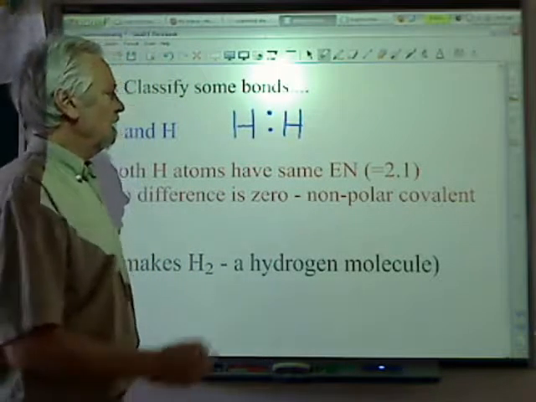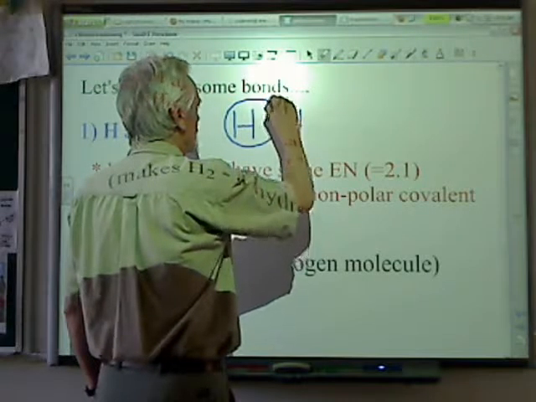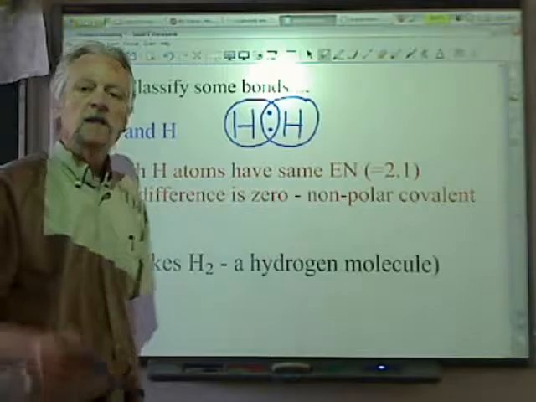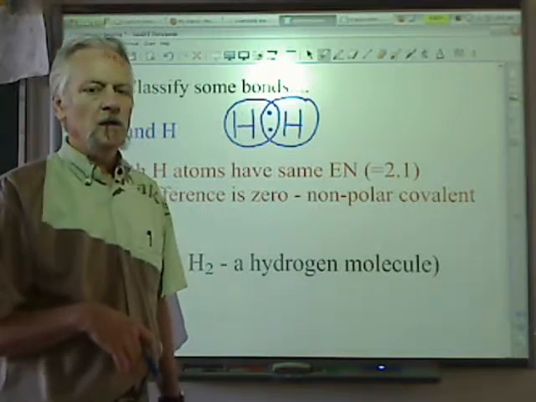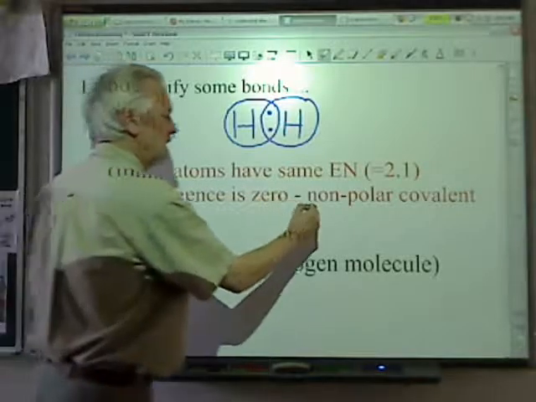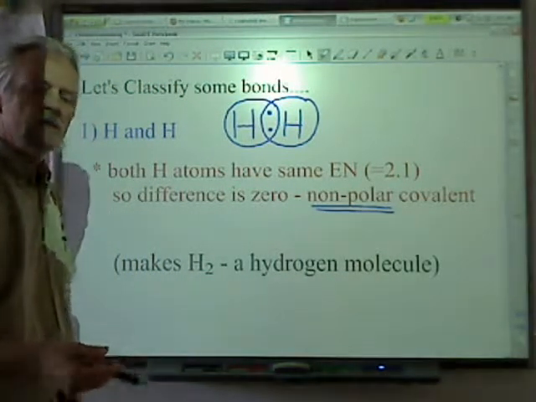more of the time. The two 1s shells overlap, and we can actually sort of draw what those look like. They're equal, they're identical, and we end up with a single, we call it, covalent bond that forms between those two that is perfectly nonpolar because of the equal electronegativities.